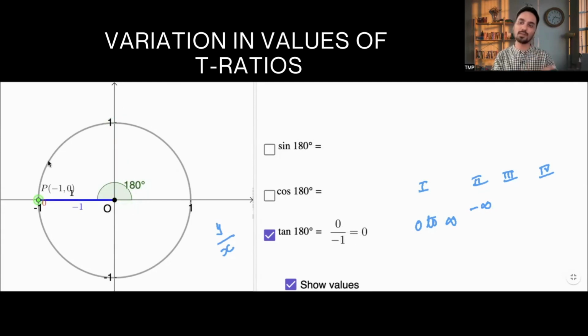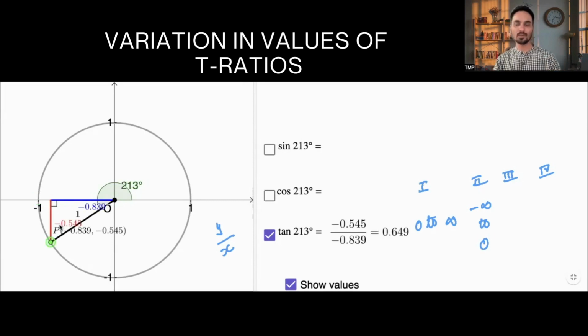And when we reach 180 degrees, the value of y becomes 0, and the denominator, which is x, becomes -1. So you have 0 divided by -1, which is 0. So we can say that in the second quadrant, the value of tan varies from -infinity to 0.